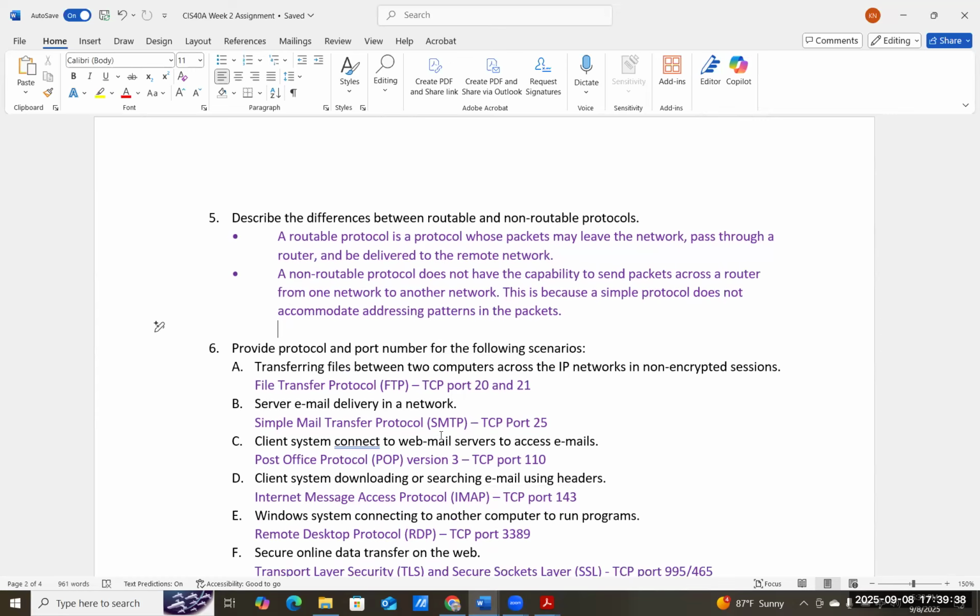So 6A, when you're transferring files between two systems, two computers across an IP network, using no encryption, so everything can be seen in plain text, then you're using what's called File Transfer Protocol, FTP. And there are still FTP servers today. Mozilla has one, but now they require you to authenticate.